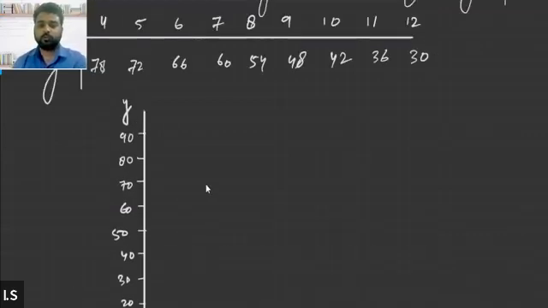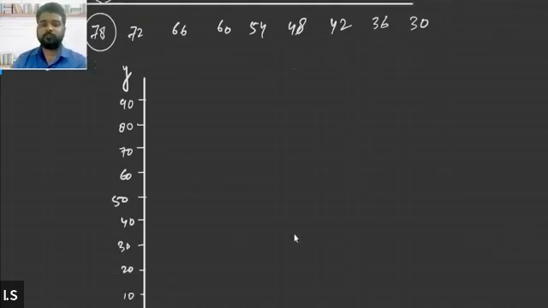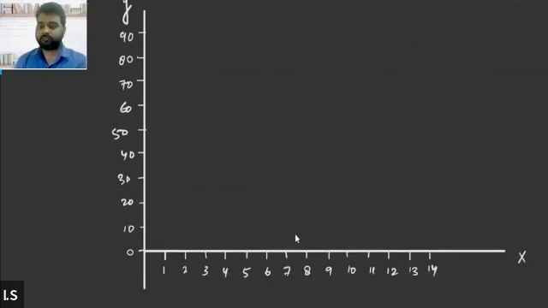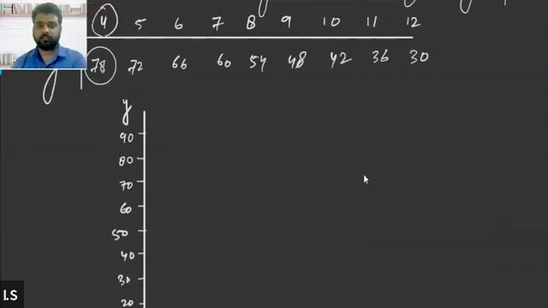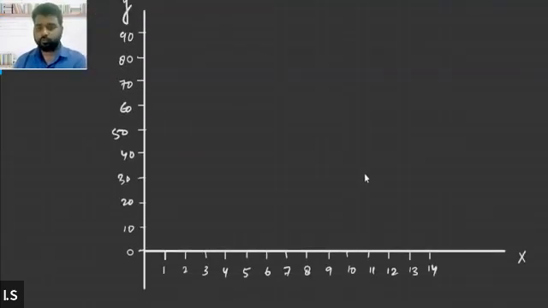So first of all, the value of x is 4, right? You're able to see this now. The value of x is 4 and the value of y is 78. Right, Alexander? Yes, sir. So we have to plot this on the graph. 4 on the x-axis will be here, and 78 will be somewhere here.